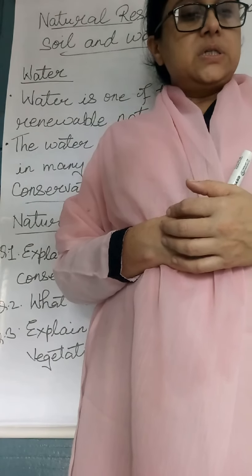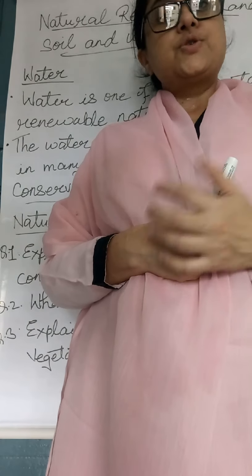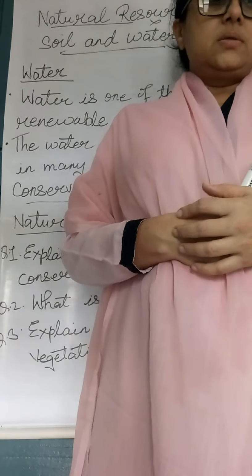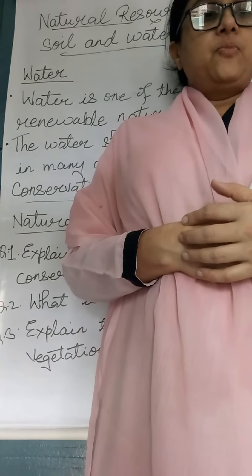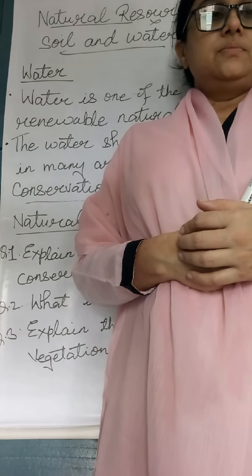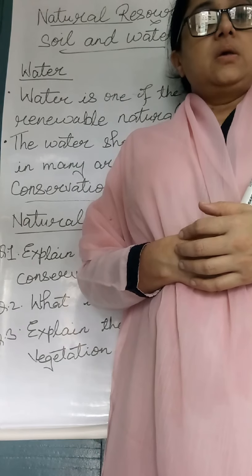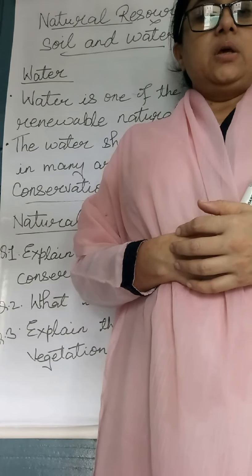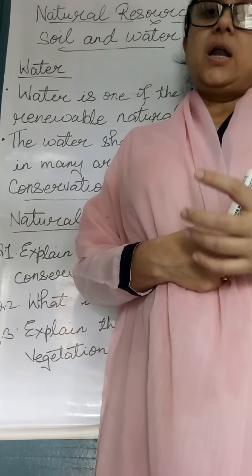Water from the rivers and lakes is used for irrigation. Plants absorb water from the soil. Water also forms an important constituent of the body weight of animals.